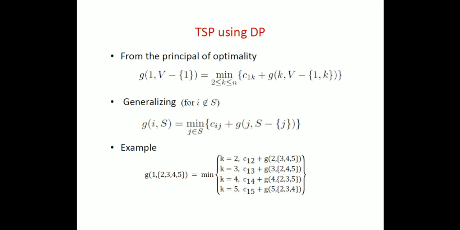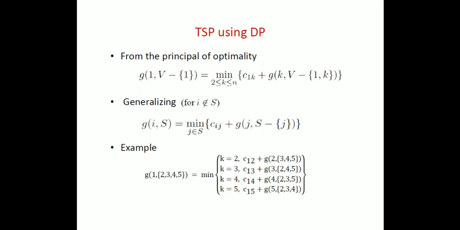The previous equation can be solved for g(1, V - {1}) if we know the values of g(k, V - {1, k}) for all choices of k. The g values can be obtained using the following equation, that is g(i, S), which is the minimum value of Cij plus g(j, S - {j}).